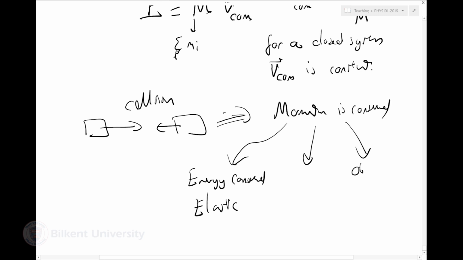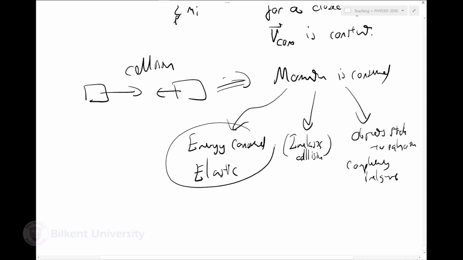If objects stick to each other, that's called completely inelastic. And in between, it's just an inelastic collision. We did not really specify what happens in the middle, but these two cases you should know well.